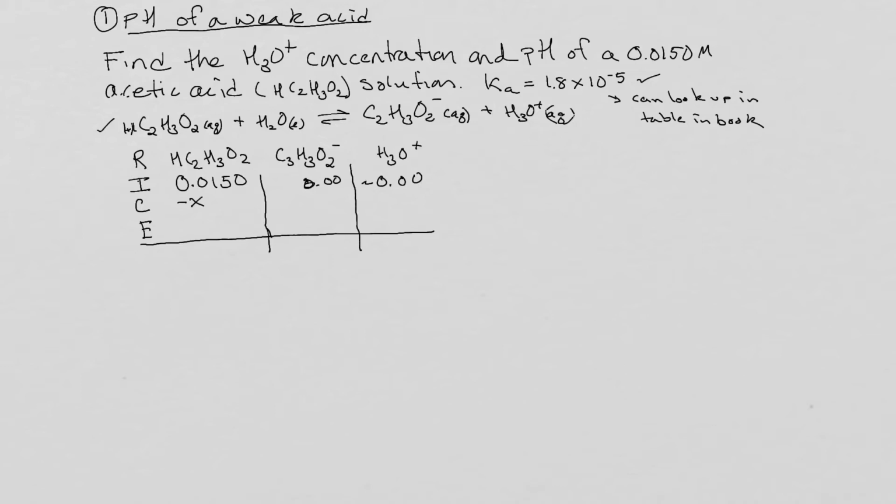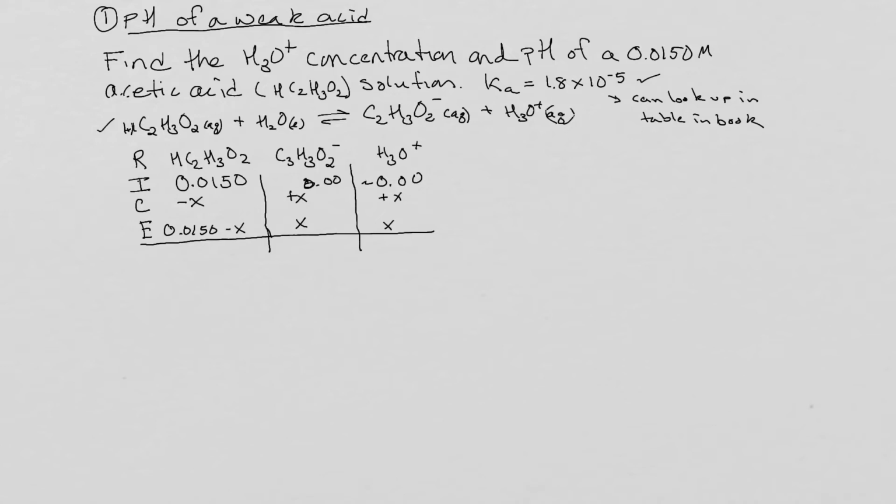Our products are going to go up by x and by x. And so that means our equilibrium can be written as 0.0150 minus x, 0 plus x, or just simply x, and for hydronium, again, simply x. So now we have our expressions.